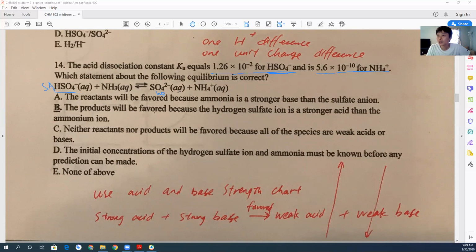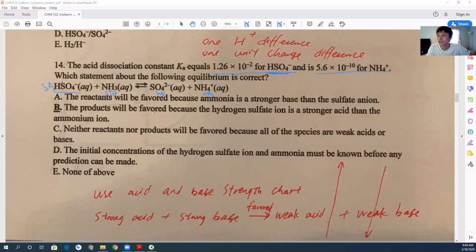And ammonia is the stronger base in this case, compared to sulfate. So this ammonium is the conjugate acid of ammonia, and it is a weak acid.